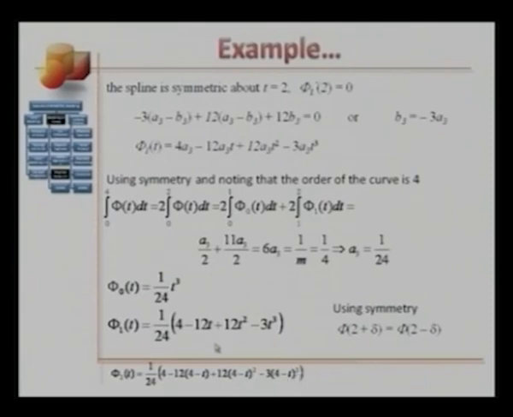All you need to do is plug in 4 minus t in place of t to take care of this transformation. Likewise, phi 3 of t will be 1 over 24 times (4 minus t) cubed. Phi 3 would be the symmetric part of phi 0, and phi 2 is the symmetric part of phi 1.